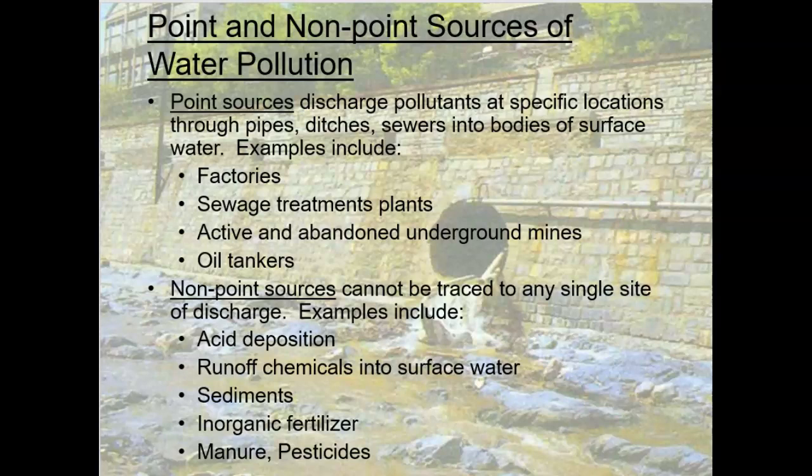Non-point sources are more difficult to trace because they're not from any single source of discharge. That includes acid deposition, which we'll be discussing later in the course. This is acid rain. And sediments, inorganic fertilizers, manure, and pesticides that are running off from large areas.